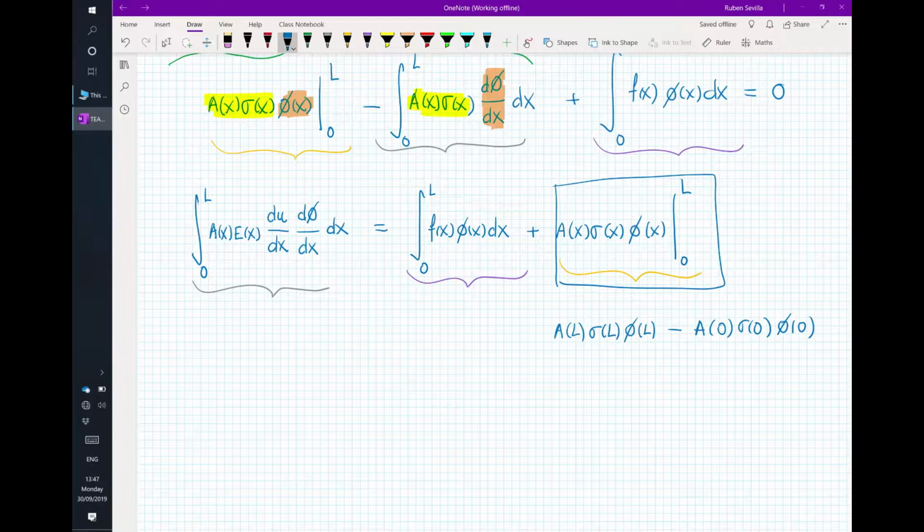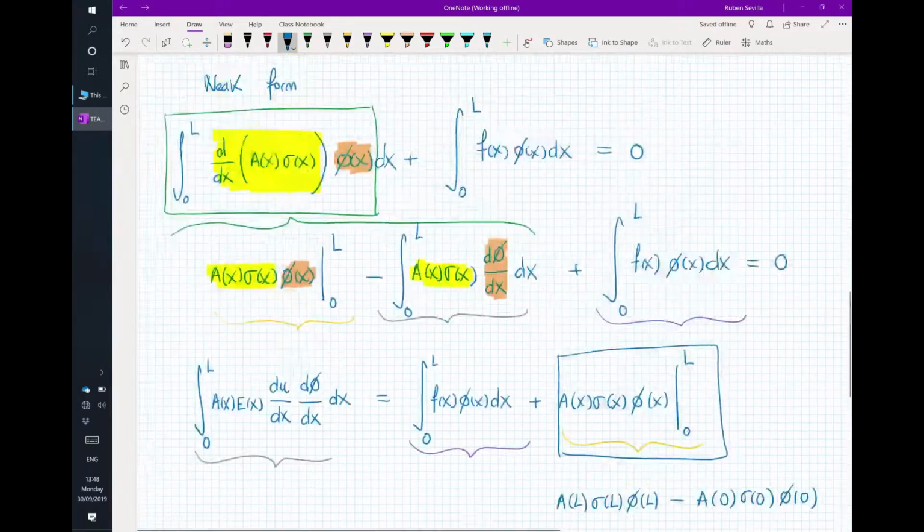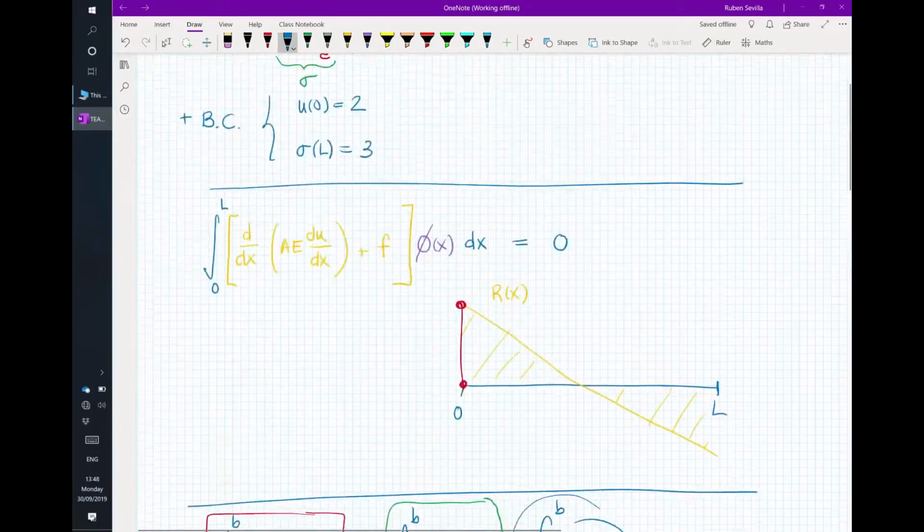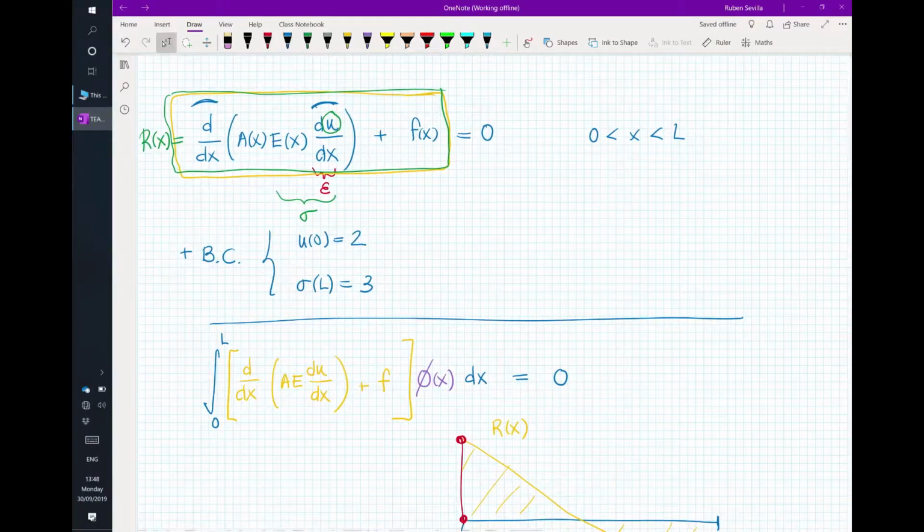What I want you to take from here, more than every specific step, which you can obviously sit down and revisit as many times as you need, is the reasoning, okay? The why we are doing all of this. We have an equation on the top that is the equilibrium of forces.